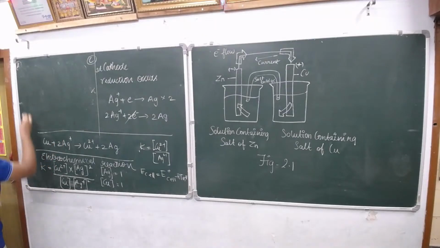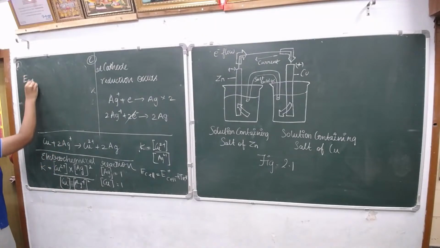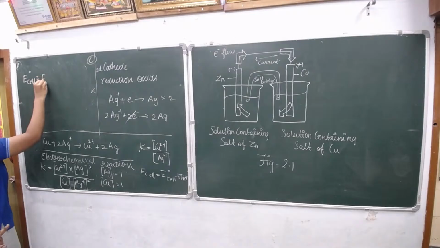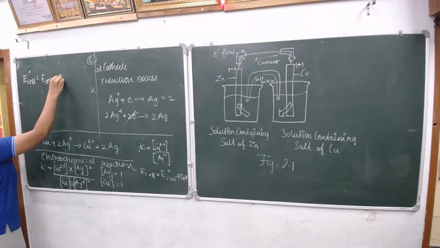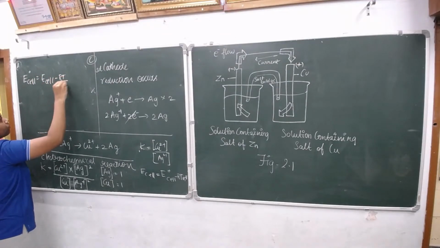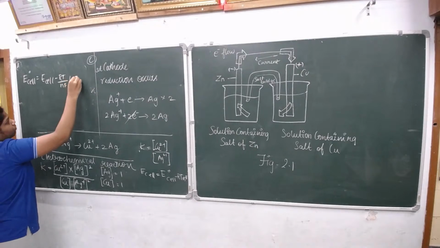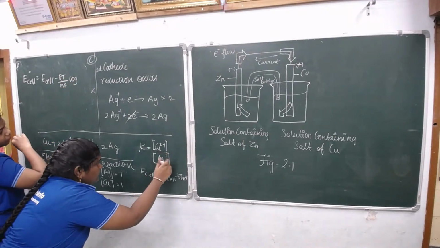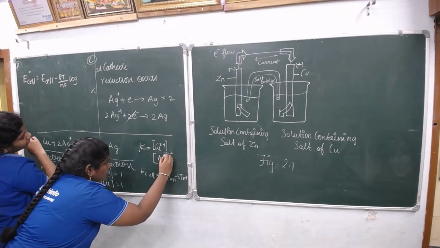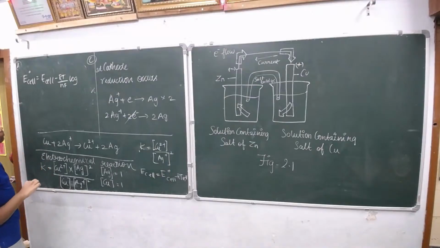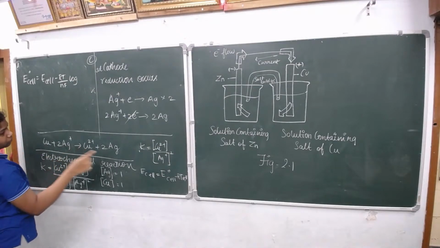E cell is equal to E0 cell minus RT by NF into natural log of, you can put this Cu2 plus K value.